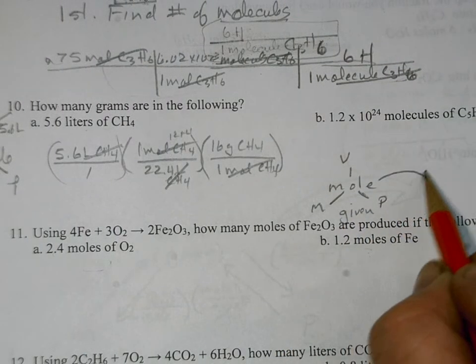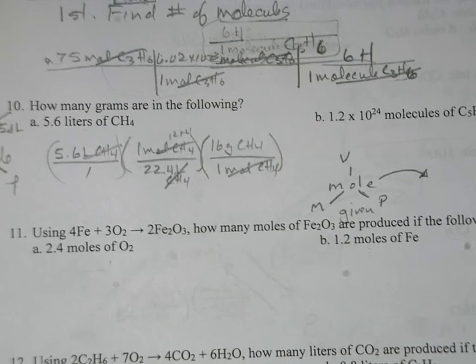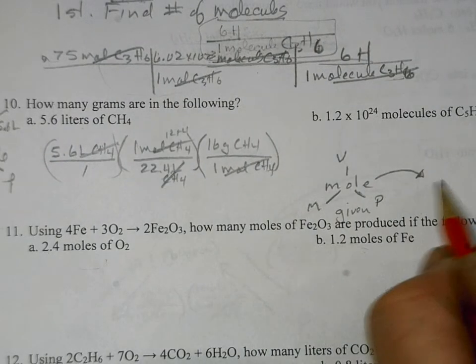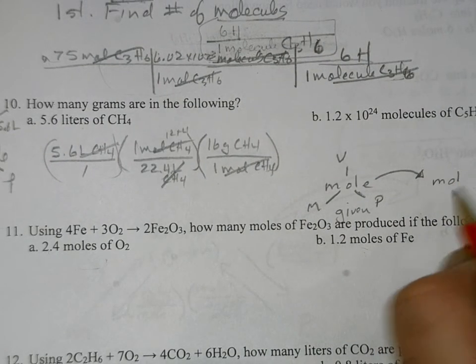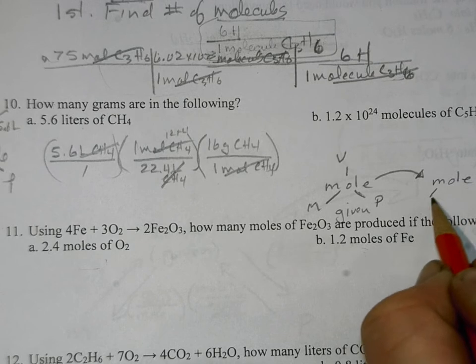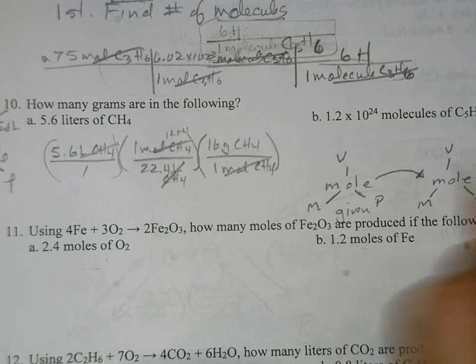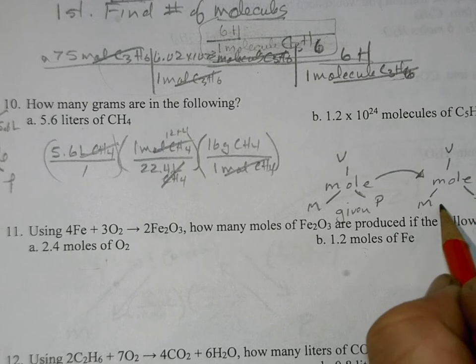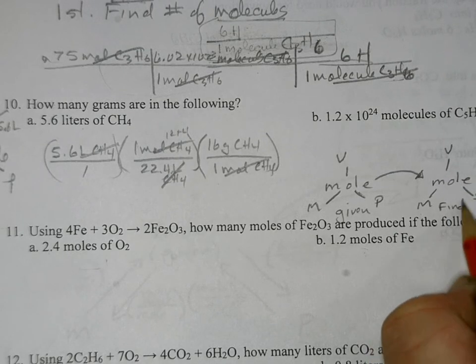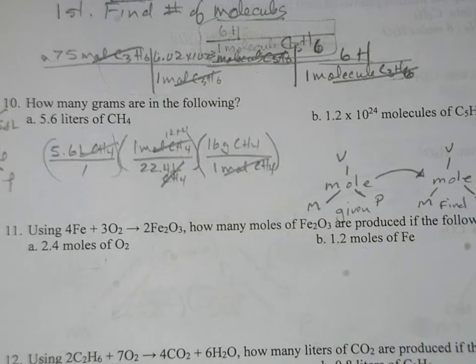Most of these will require a mole-mole conversion using the mole-mole ratio. And again, we have MVP, and we'll call this the find side. Don't be afraid to use that.